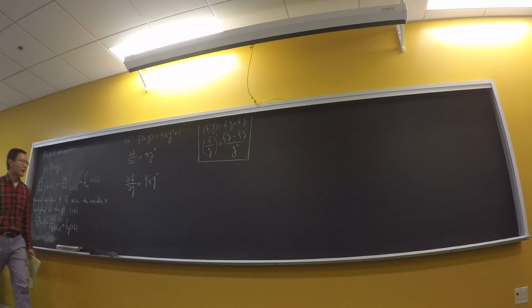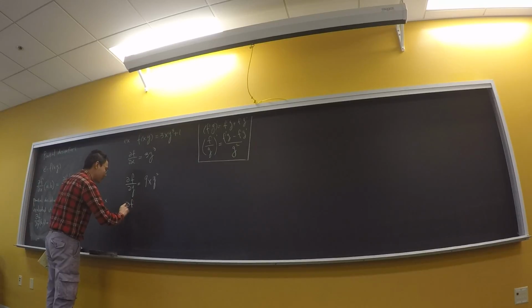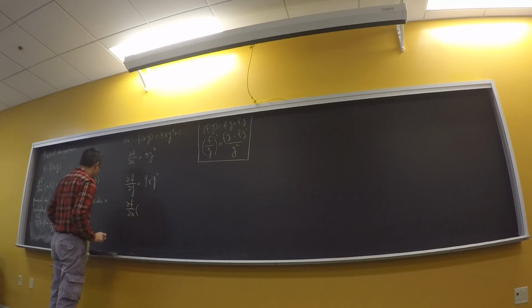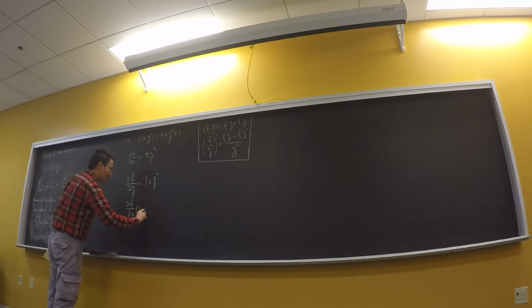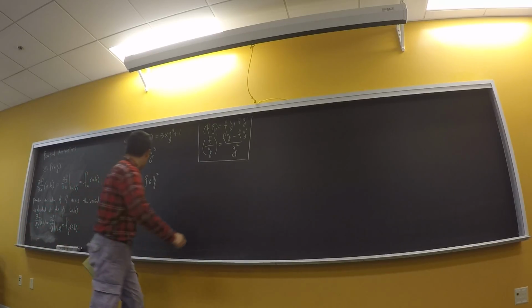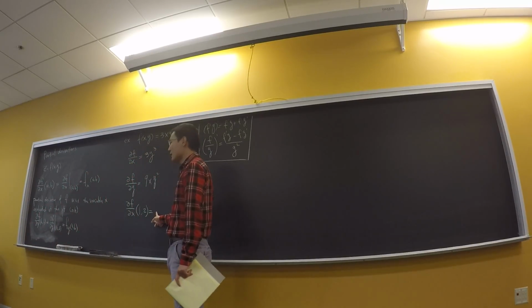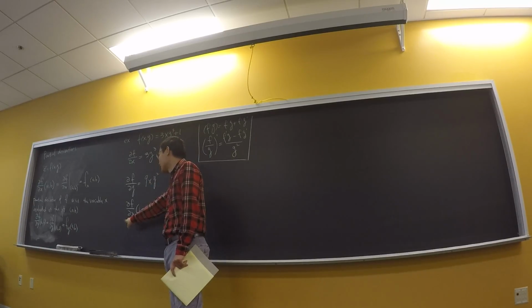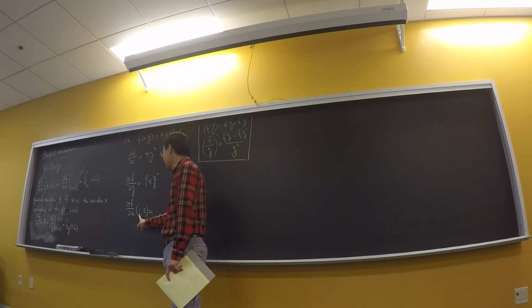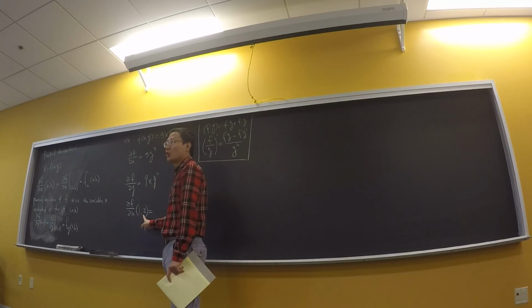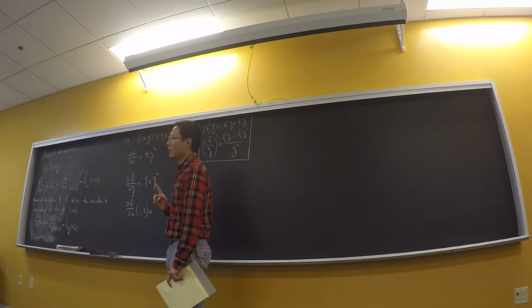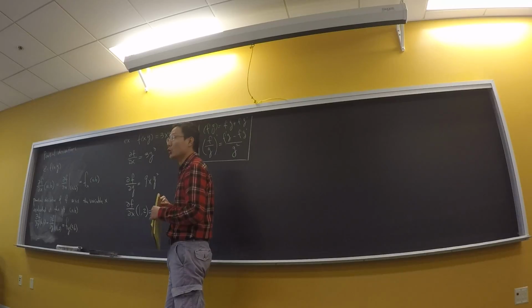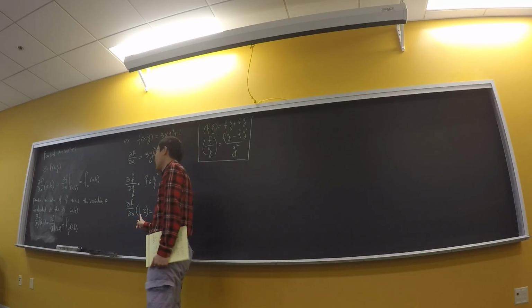Then if you want to evaluate at different points, partial f, partial x, evaluated let's say at (1, 2), how do we do that? You just plug into the formula we have here. This is the partial derivative with respect to x, evaluated at the point (1, 2). Of course, because the variables are in R2, every point has to be a pair of numbers.